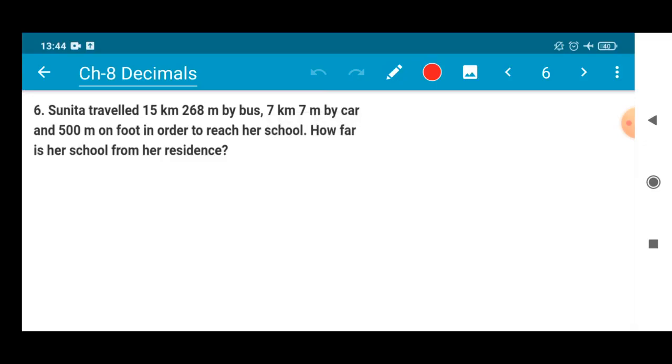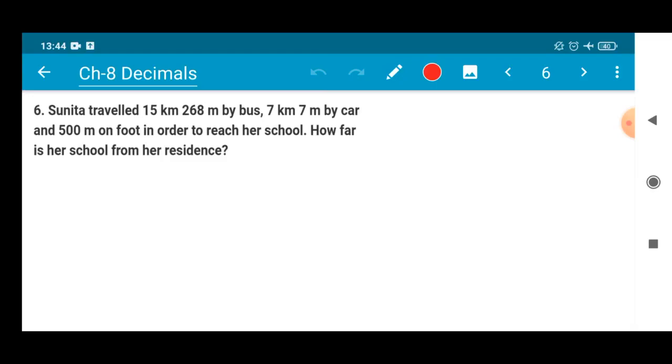How far is her school from her residence? So by bus she is traveling 15 kilometer 268 meter, 7 kilometer 7 meter by car, and by foot she is traveling 500 meter to reach her school.